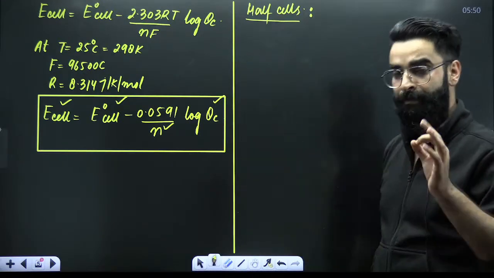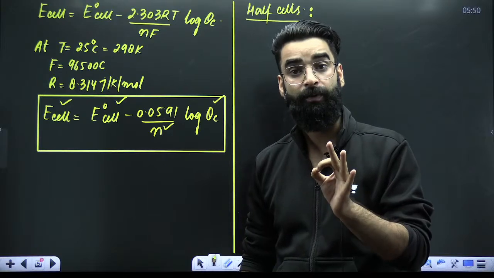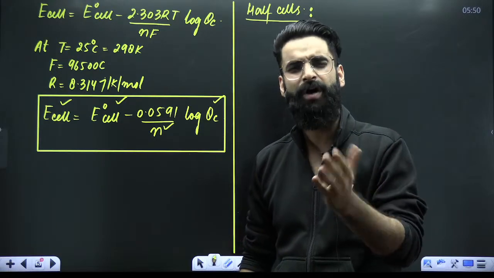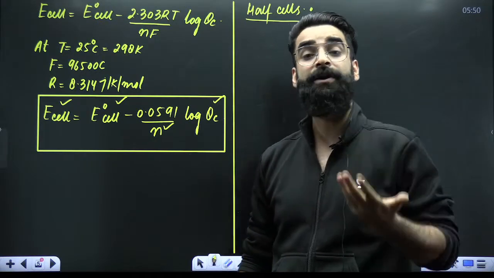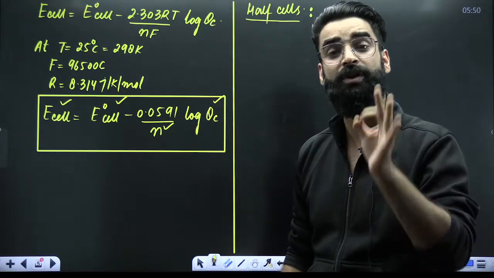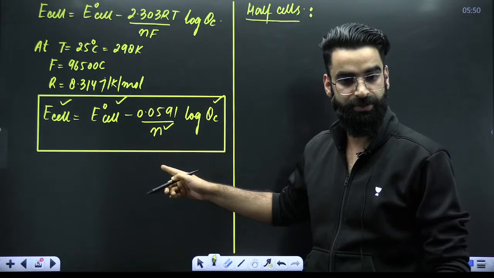Why? My dear students, in order to calculate the oxidation potential of any electrode under non-standard conditions, or the reduction potential of any electrode under non-standard conditions, I'll be using this particular equation.